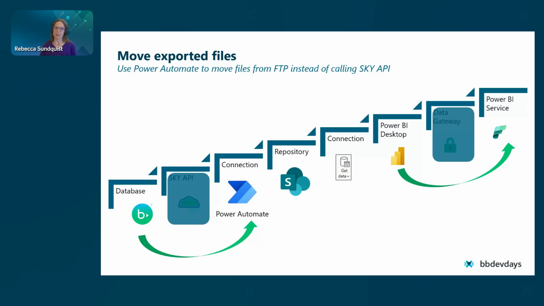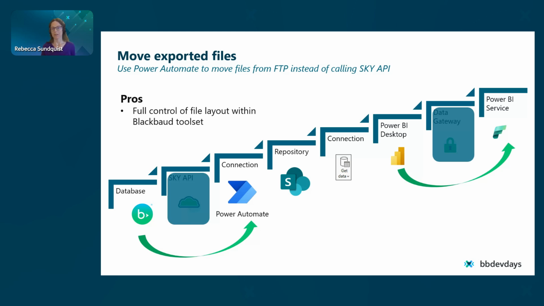Another option is to skip the Sky API and work with file movement directly. I'm talking about using a Power Automate flow with an SFTP connector to access your SFTP from Raiser's Edge and move those files into SharePoint.